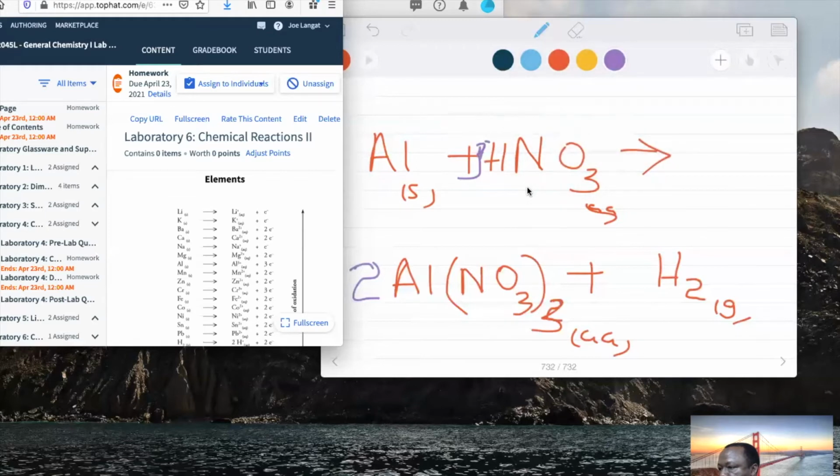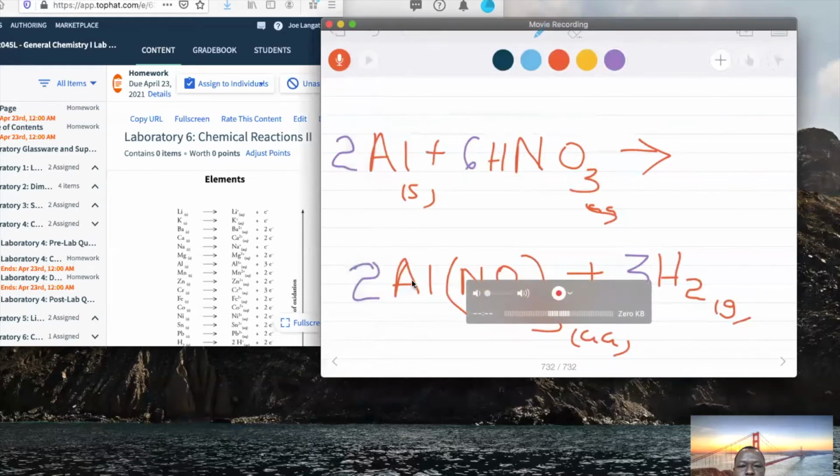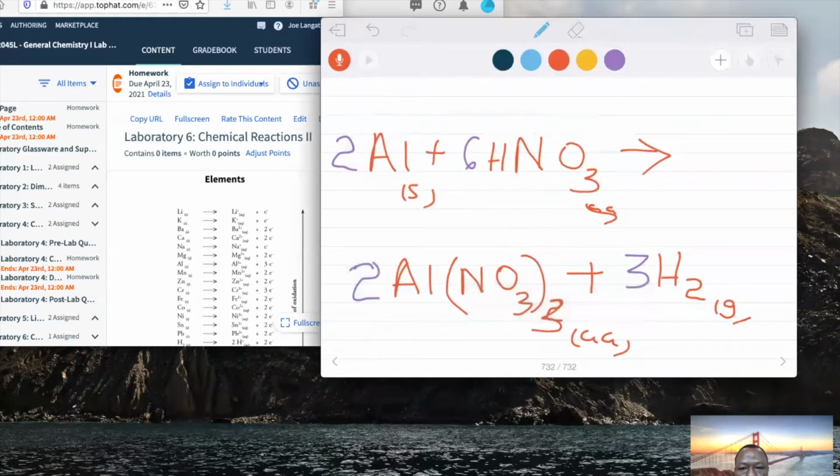So 2 times 3 nitrate gives us 6 nitrate. We need the 3 in front there, and we need that 2 there. The equation is balanced: 2 aluminums, 2 times 3 nitrates, we have 6 nitrate, and then 3 hydrogen. You have to go back and forth in balancing the equation.